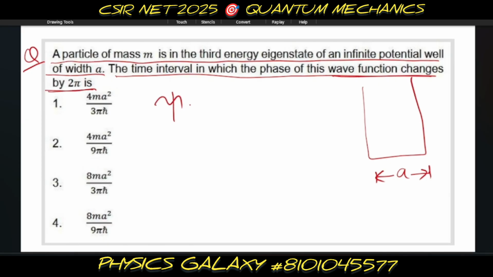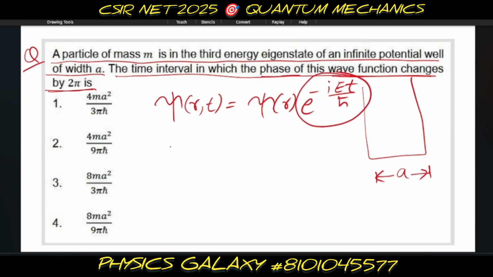So the wave function we know is given as, so we can write it like this. So psi of r and t can be written as psi of r times e to the power minus i E t by h cut. Okay, now the phase changes by 2 pi, so this is the phase part, so that means it changes by 2 pi, so E delta t by h cut will be equal to 2 pi, right?